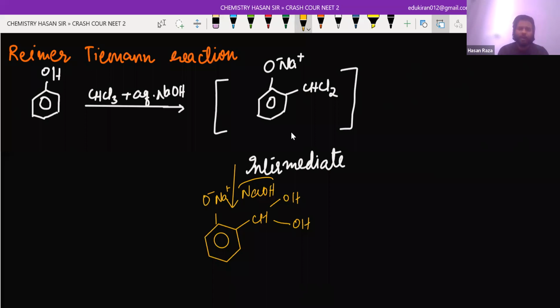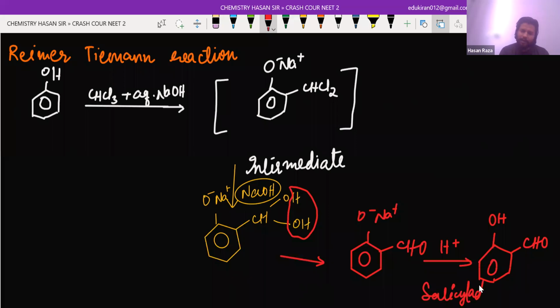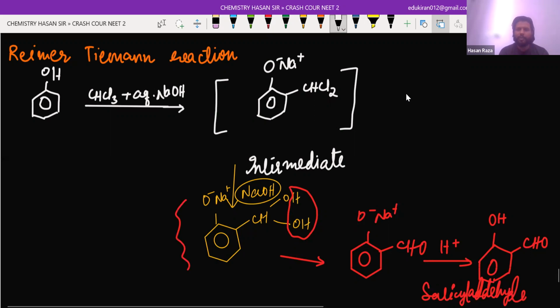And you know that one carbon cannot hold two hydroxy groups, so there will be removal of H2O, and you will get CHO. After this, you pass this through H plus, and this H plus will replace this Na. So this is the main product, known as salicylaldehyde. So this was a little explanation of this.